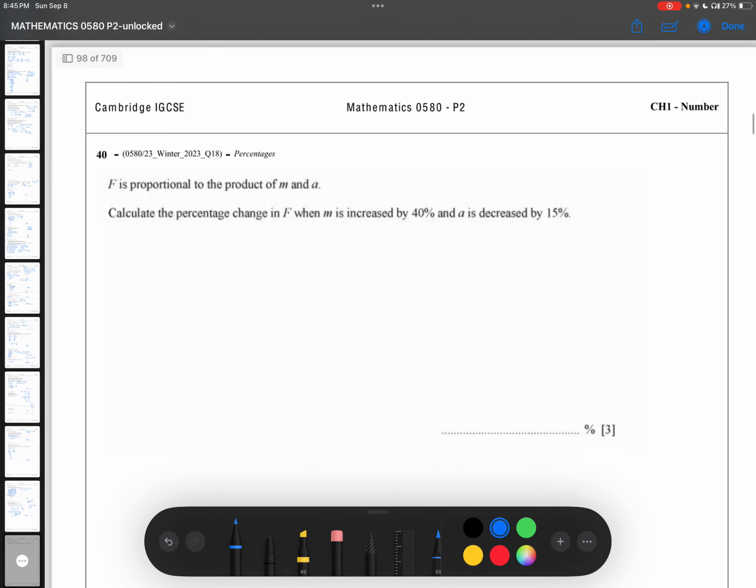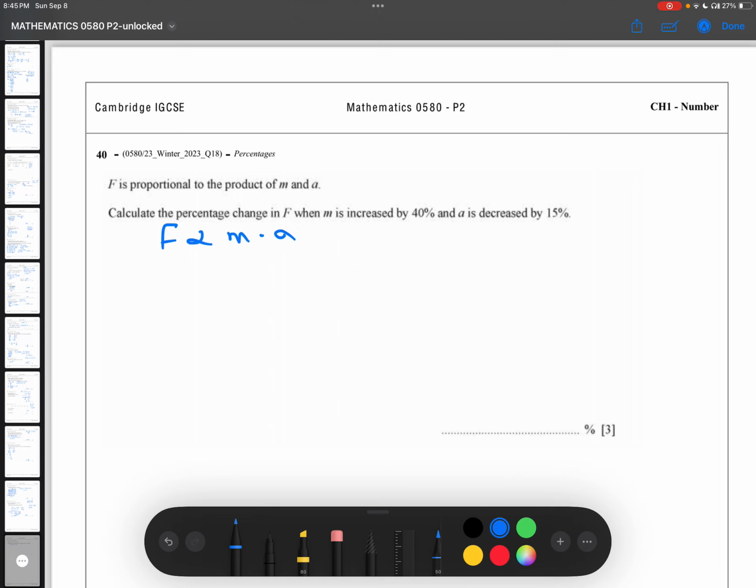Now question number 40. It says F is proportional to the product of M and A. Calculate the percentage change in F if M is increased by 40% and A is decreased by 15%.